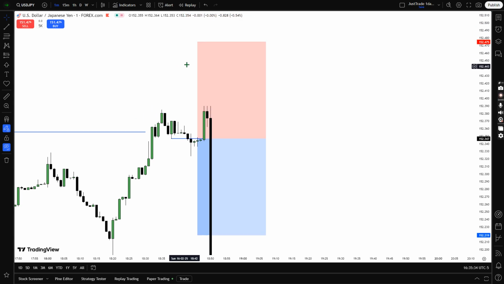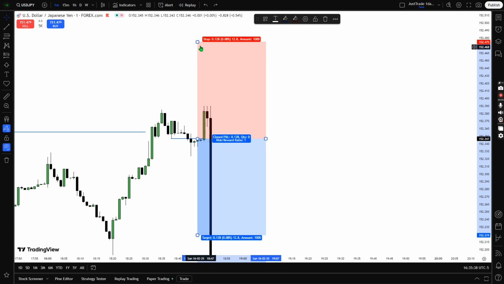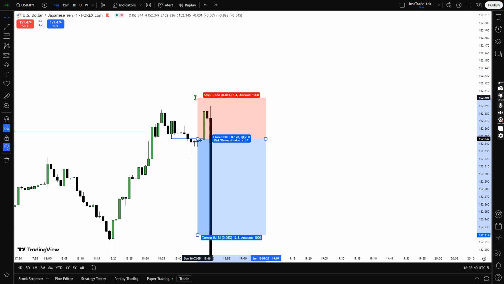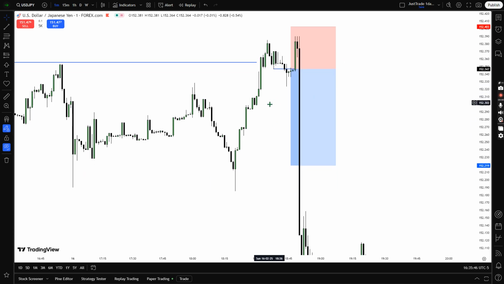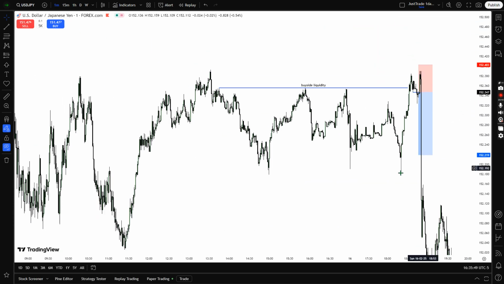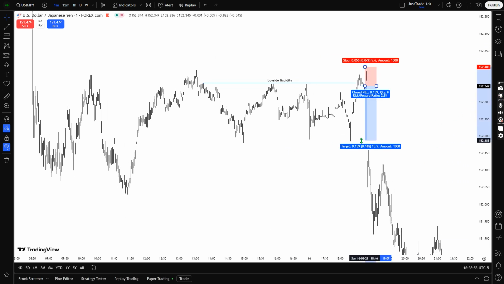Our stop loss should have been a bit higher than this high, as I always do, so about like this. Price retraces all the way back up, takes this liquidity here, but our stop loss is higher, so we don't get stopped out. We would have targeted about these equal lows right there.